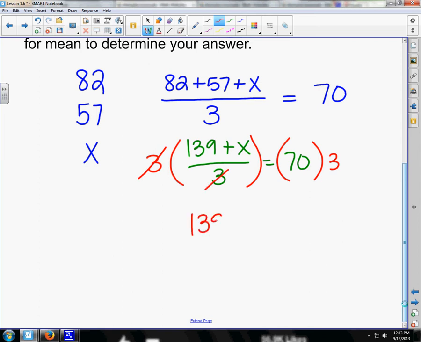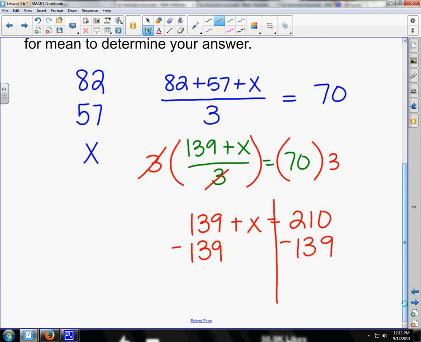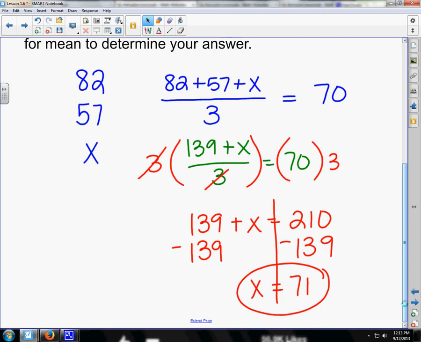I have 139 plus x equals 210. And then I subtract 139 from both sides. So 210 minus 139 is 71. X equals 71. So I have to get at least a 71%, and then I take an average of all three of my unit exams, and I would get a 70.